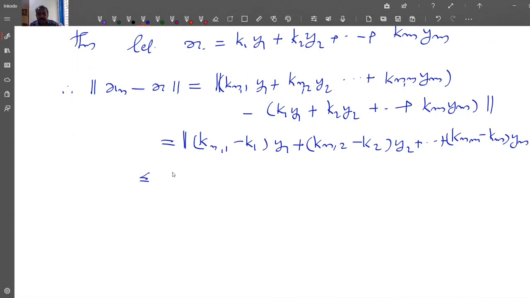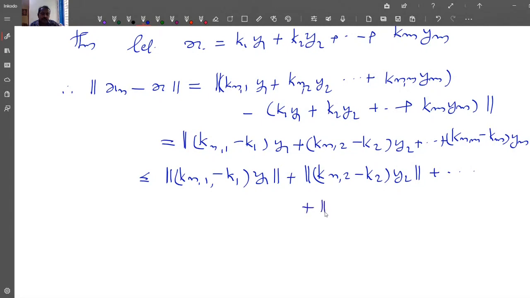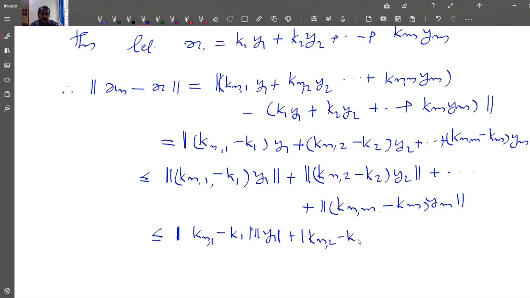By using the triangle inequality, this is less than or equal to the norm of (k_n1 minus k1) y1 plus the norm of (k_n2 minus k2) y2 plus etc. plus the norm of (k_nm minus km) ym, and this is less than or equal to modulus of k_n1 minus k1 times norm y1 plus modulus of k_n2 minus k2 times norm y2 plus etc. plus modulus of k_nm minus km times norm ym.